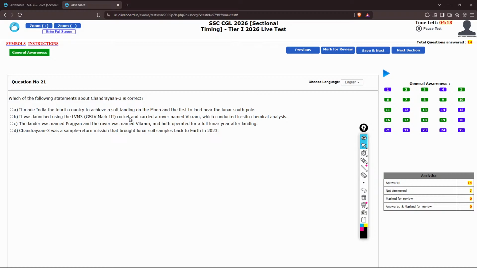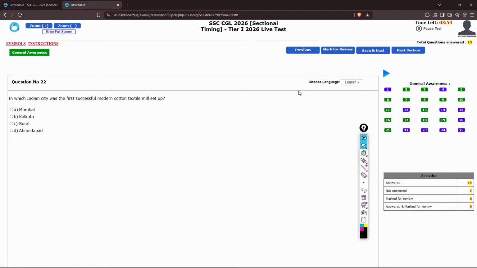I think this one is correct. It made India the fourth country to achieve a soft landing on the moon, first to land near the pole. Okay, yeah, this is true. This is the fourth country, right? So US, Russia, and China definitely have soft landed. So yeah, this one is true.